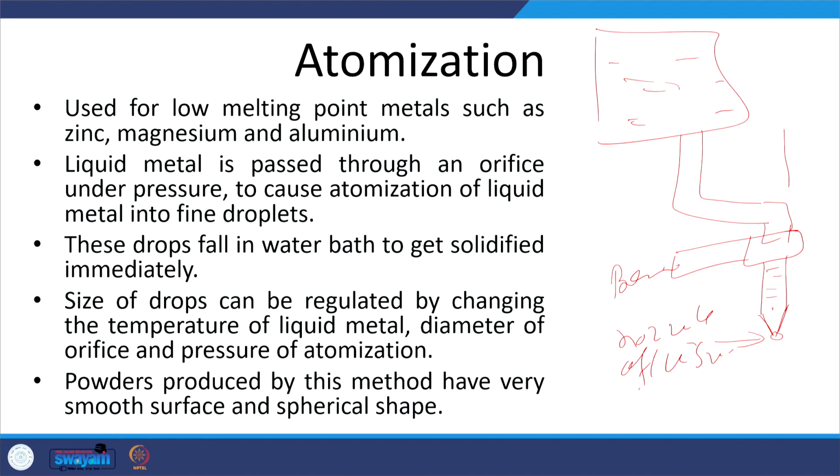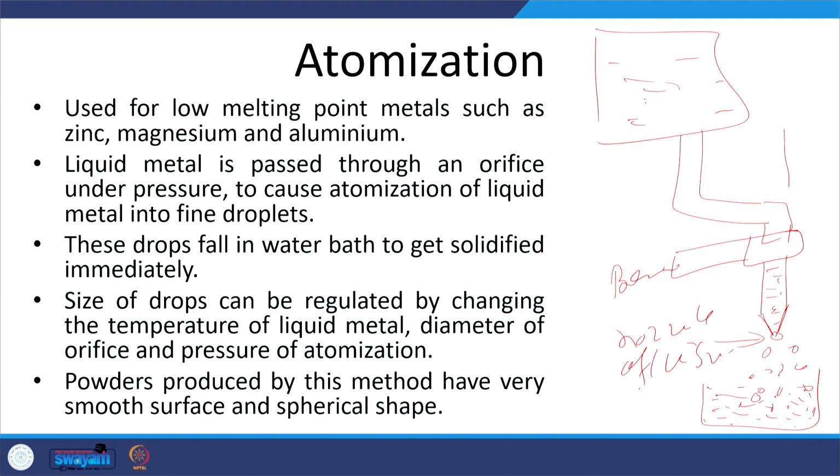The pressurized liquid is forced to pass through this nozzle, where it will be atomized. And then it is allowed to fall in water. When the atomized molten metal droplets fall in the water, they get immediately solidified. This is the approach.